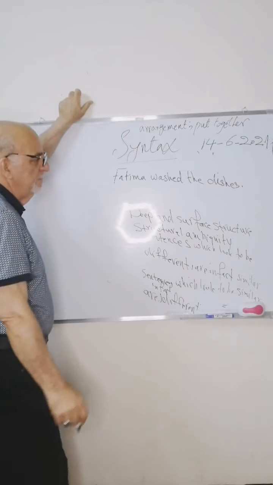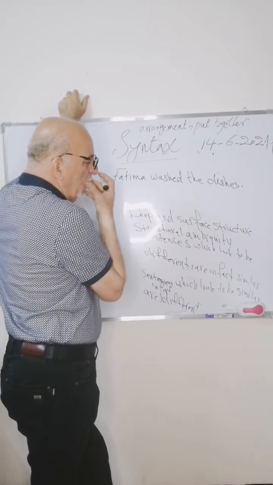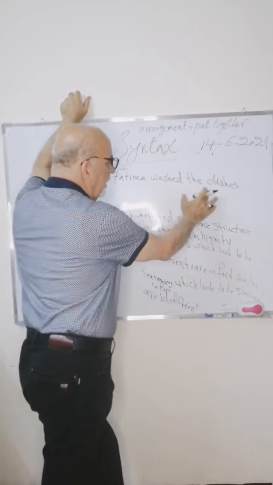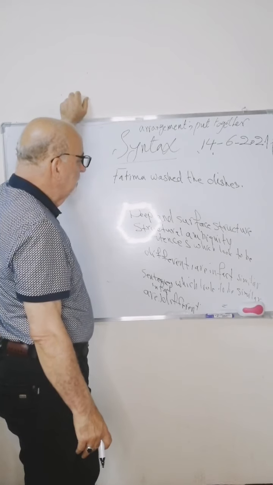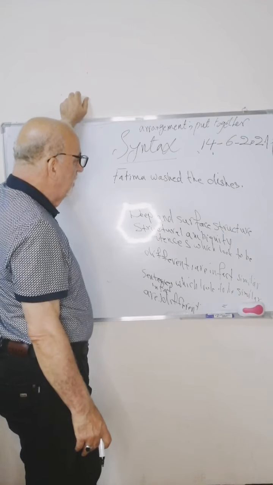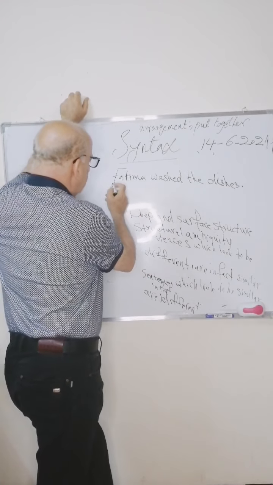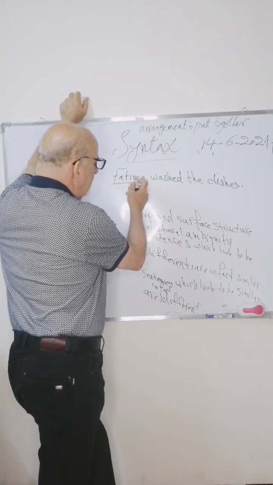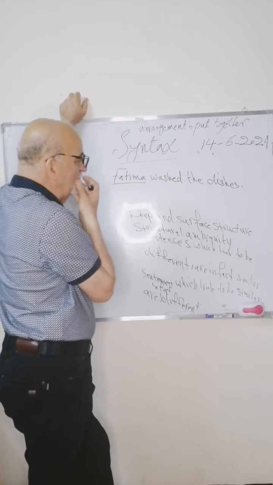Fatima washed the dishes. This sentence is, according to what? Traditional grammar, it is called, the voice here is active, it is Fatima. What did Fatima do? Fatima washed the dishes.